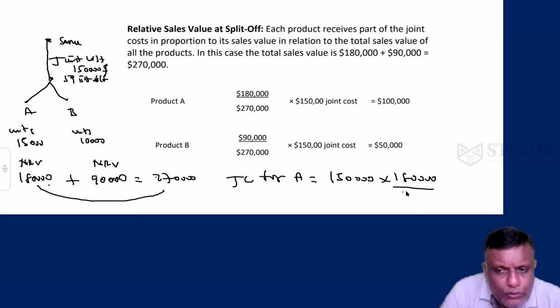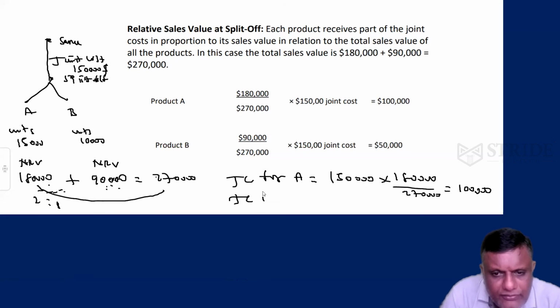The joint cost is apportioned in a 2:1 ratio, 180,000 to 90,000. So 2:1, which is 2 by 3. That gives 100,000.